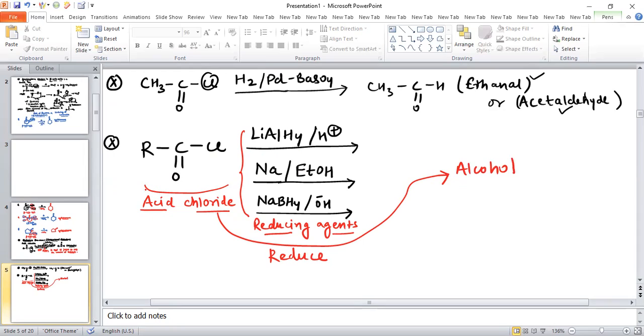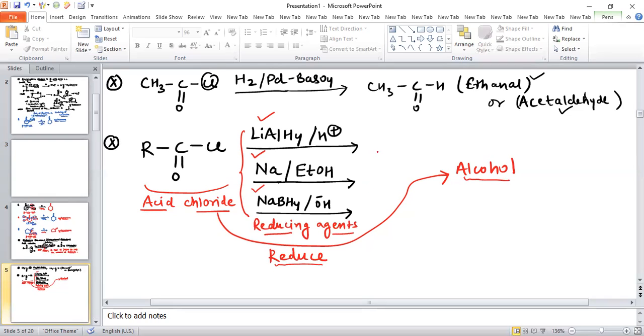So by using these reagents, like LiAlH4 in acidic medium, sodium in ethanol, and sodium borohydride in basic medium, which are all reducing agents, they will all reduce acid chloride into alcohol.